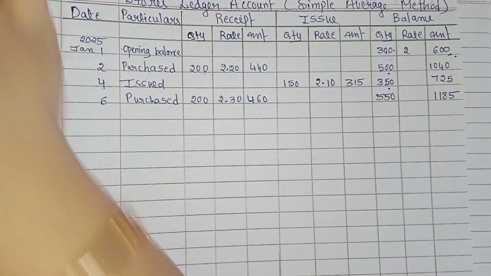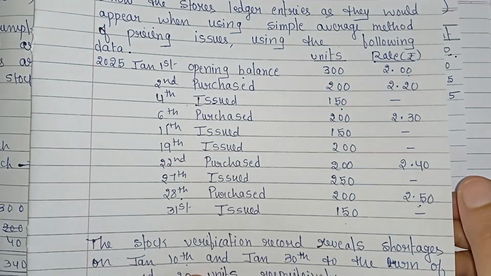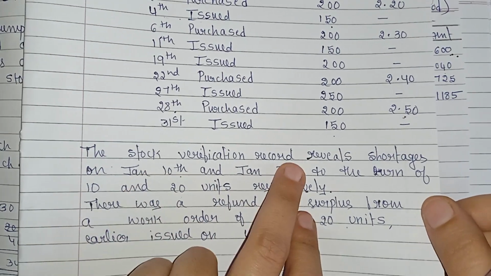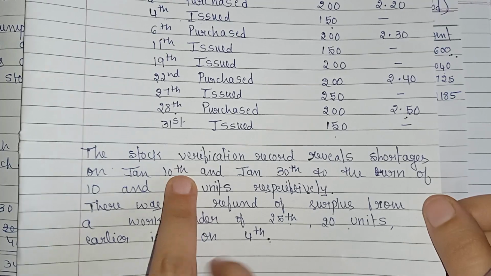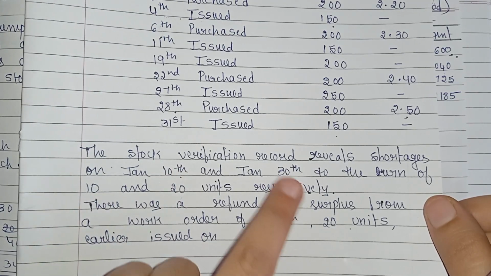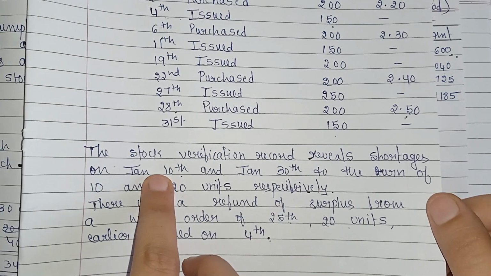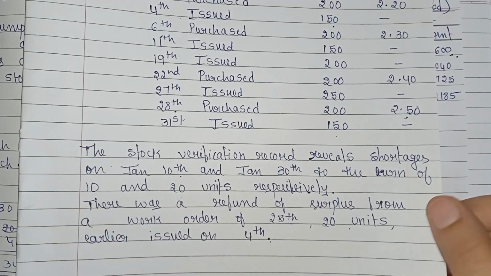Next transaction on Jan 11, but before that there is one transaction. See here, the stock verification record reveals shortage on Jan 10th of 10 units. On Jan 10, 10 units, and Jan 30th 20 units. We will see it later. First we have to enter this transaction. On Jan 10 there is a shortage of 10 units.